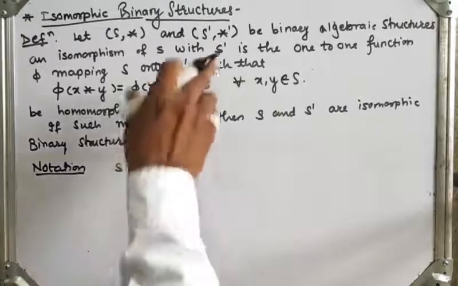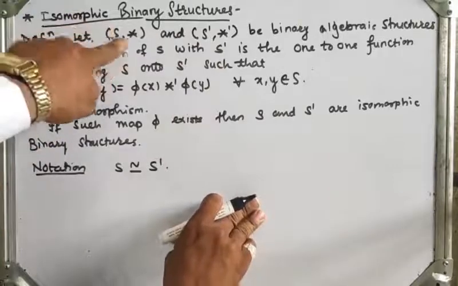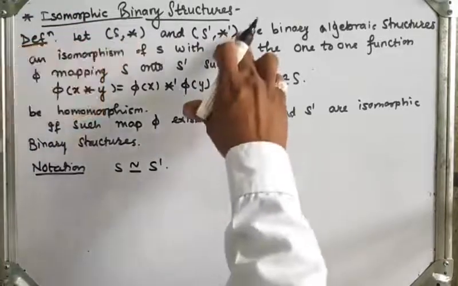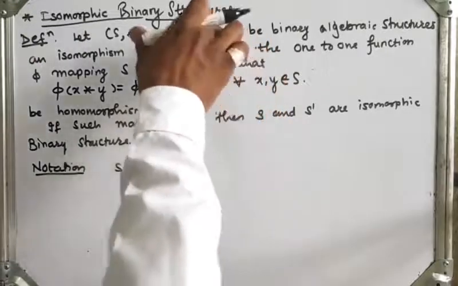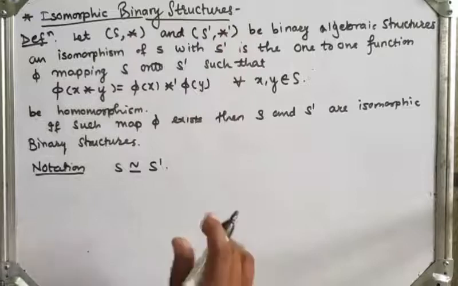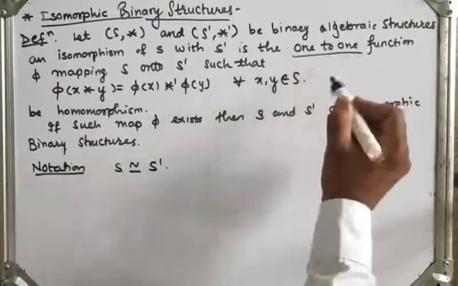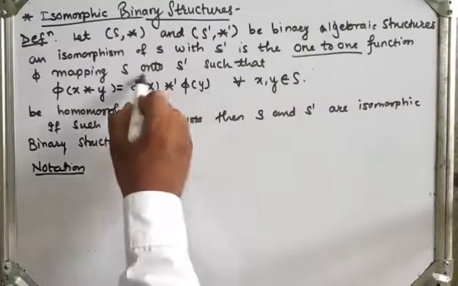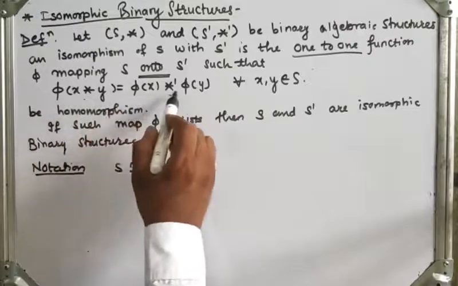So we have two sets, S under operation star and the second set S dash under binary operation star dash, which are said to be isomorphic if the map is first one-to-one, second onto, and the third condition is phi of x star y is equal to phi of x star dash phi of y.